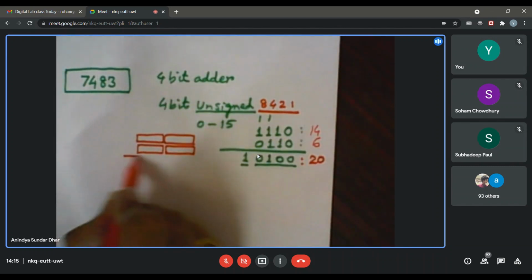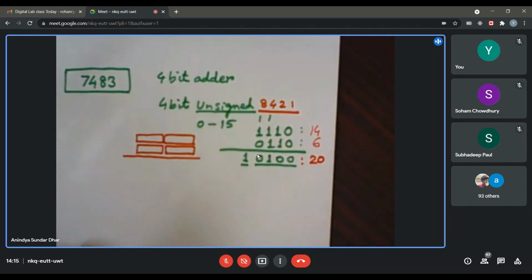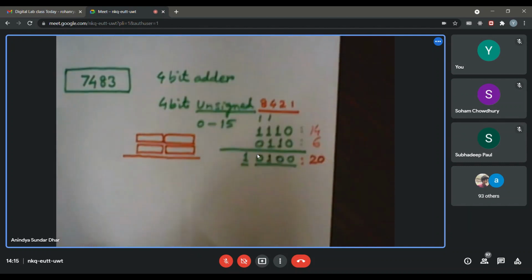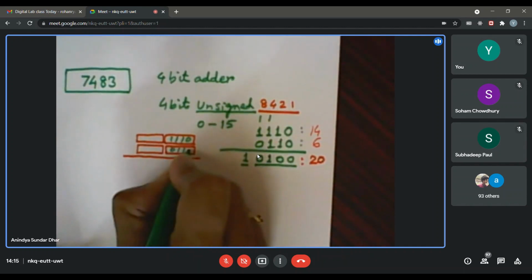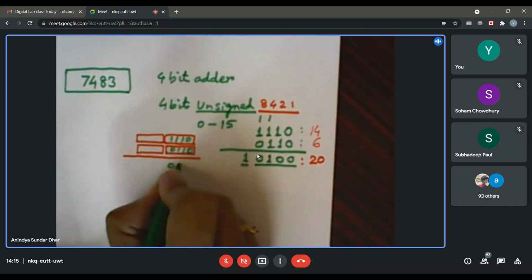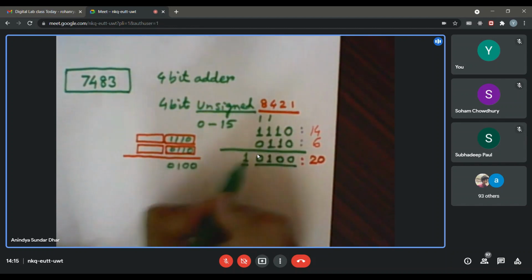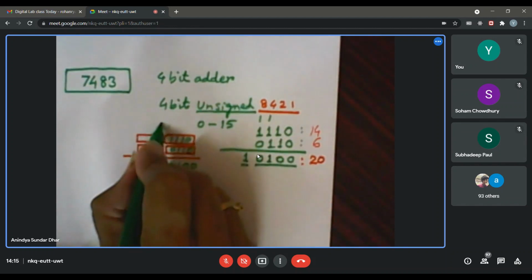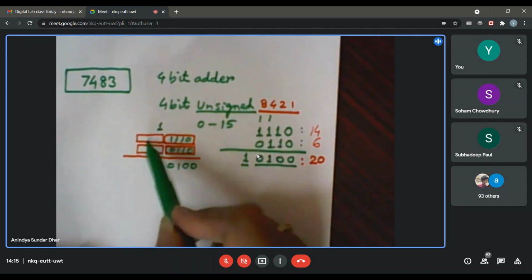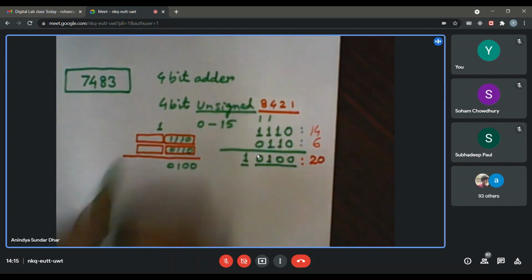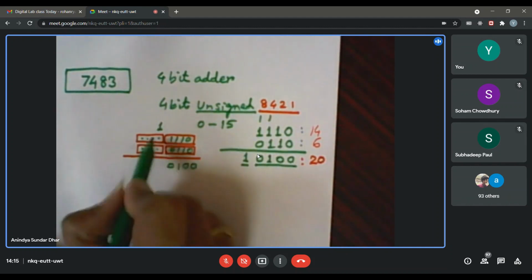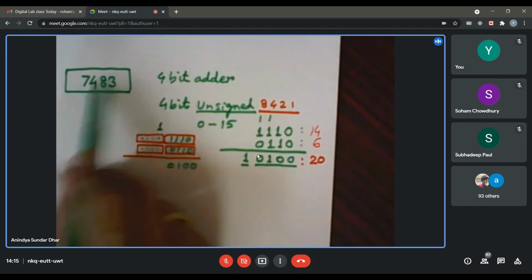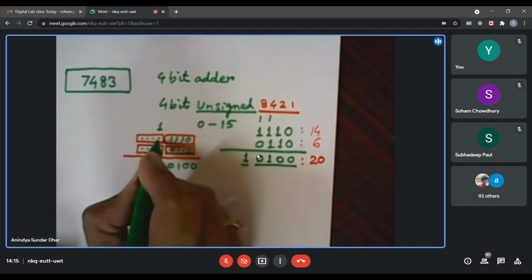But then after getting, for example, if the number is 1110 and this number is 0110, after adding you get 0100, but now that is leaving a carry. If I plan to engage another 7483 and have some other two 4-bit numbers over here as the higher nibbles of these 8 bits, then this 7483 should be capable of adding a carry input to that one also.